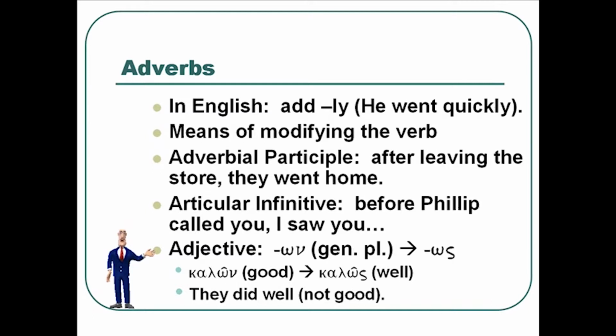So you do not say, they did good. Good is an adjective, and so it doesn't modify did. You say they did well, because well is an adverb and modifies the verb. So they did well, not they did good. There are several other ways these adverbs are triggered, and we'll look at those next.